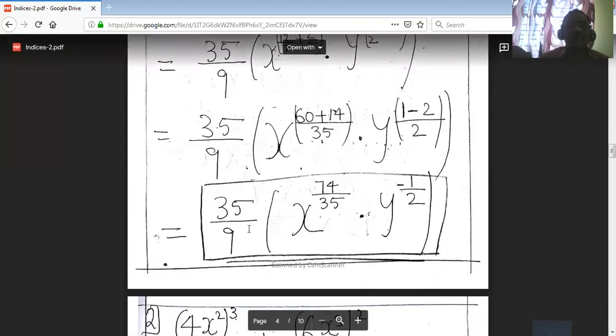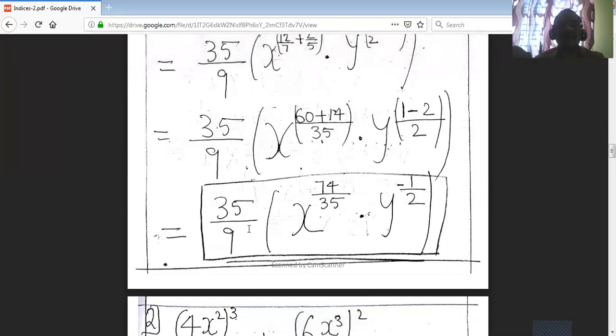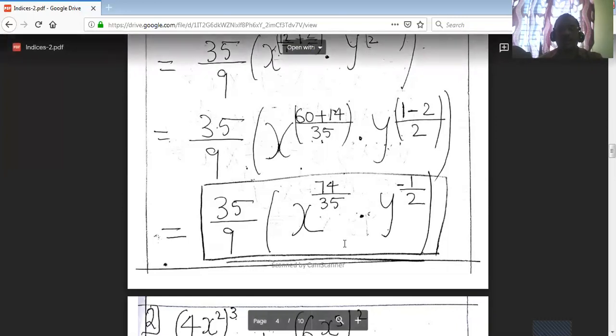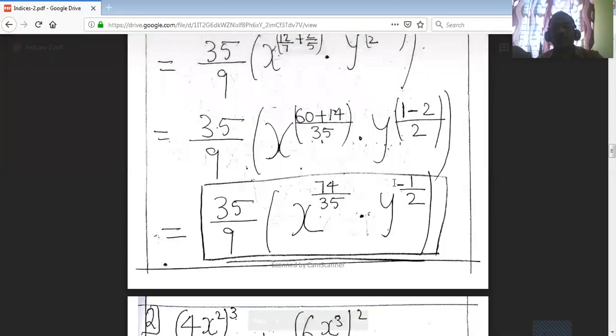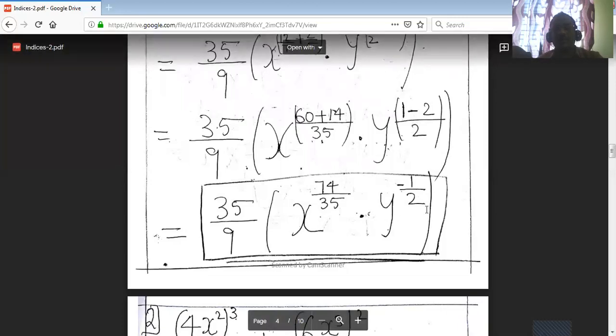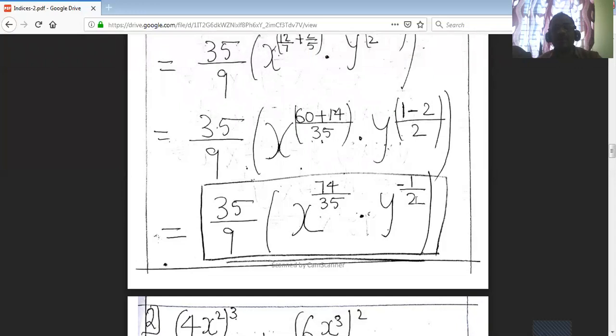The final answer is 35 divided by 9 into x to the power of 74 divided by 35 into y to the power of minus half.